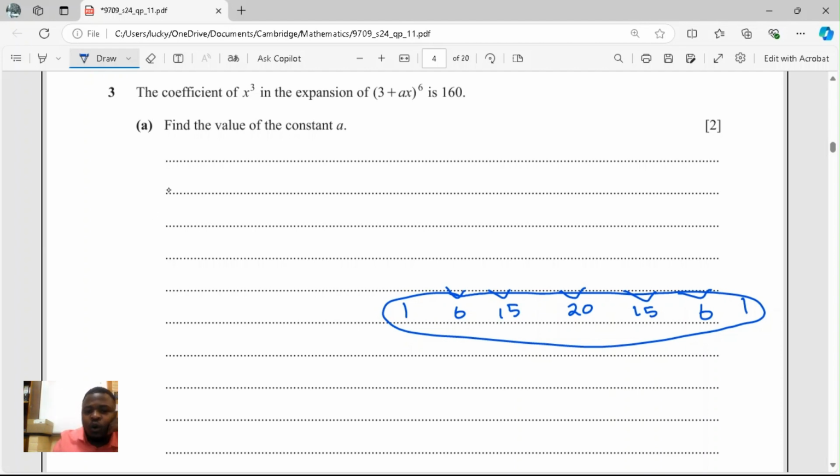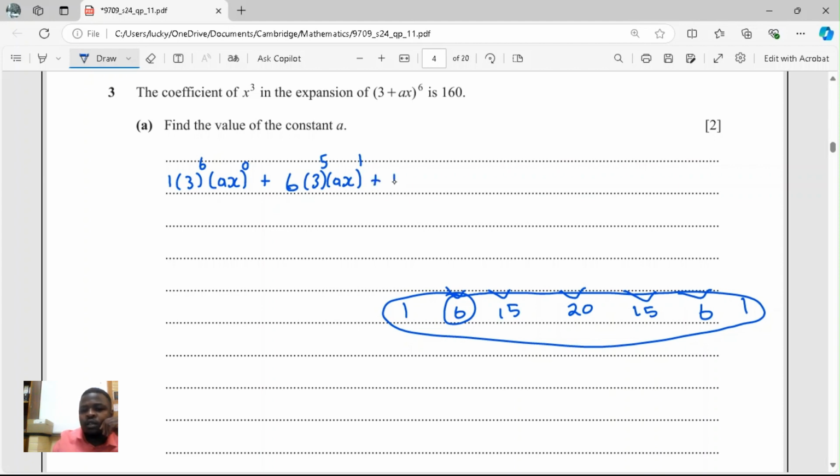The first one, I put a 1, and it will be the 3 times the ax, but because it's raised to the power of 6, the 3 will first take the power of 6, and the ax the power of 0. Then I take this 6, then the 3, and then the ax. The 3 is now raised to the power of 5, but the ax to the power of 1, because the exponents must always add up to the power of 6.